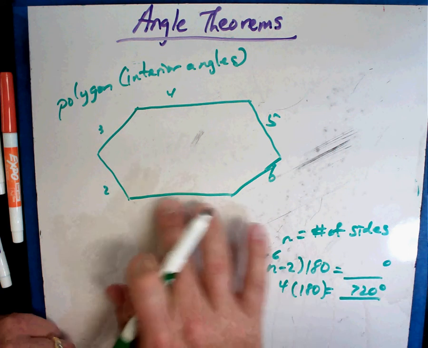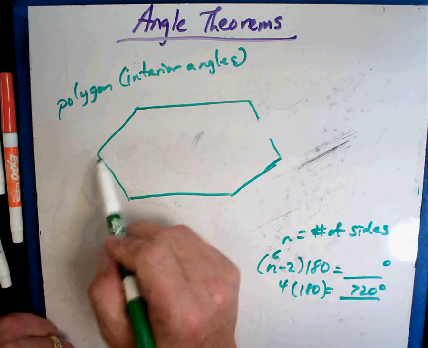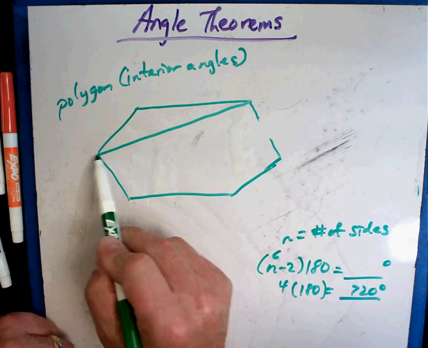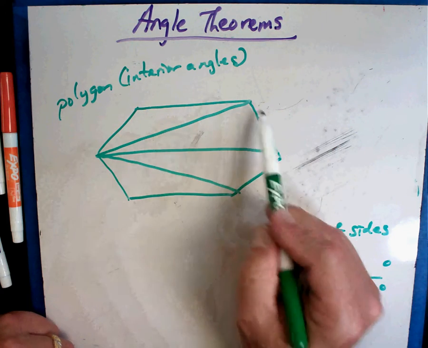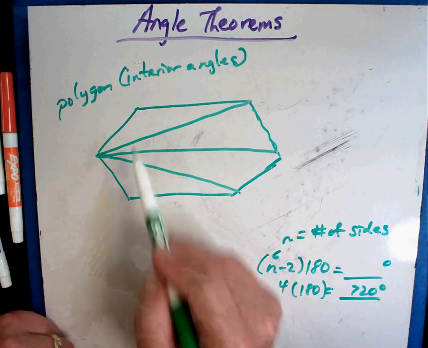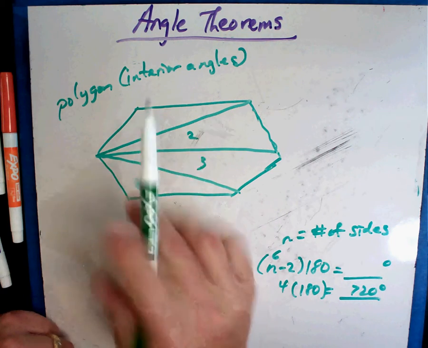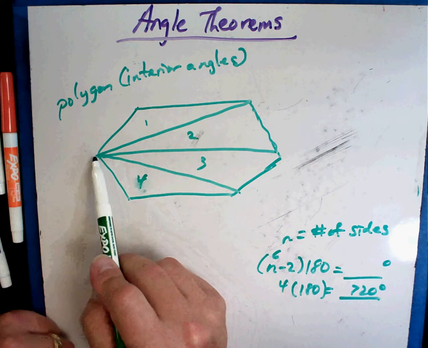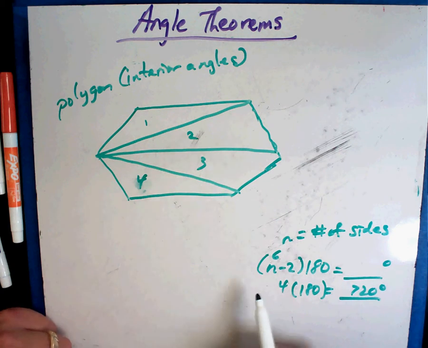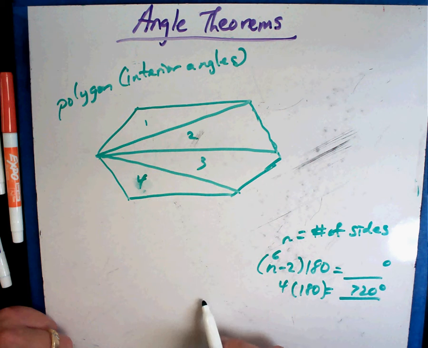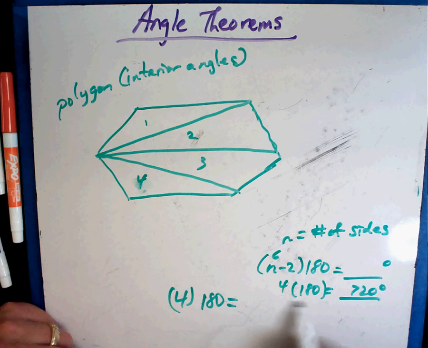But if you want to do it a little faster, here's an alternate way in case you didn't know that one. If you pick one of the vertices and then draw however many triangles, notice that's a triangle, and that's a triangle. How many triangles did you make inside there? So again, starting at one vertex, 1, 2, 3, that's the only lines I can make. I made 4 triangles. Each triangle has 180 degrees. 4 times 180, you'll notice I got the same math.